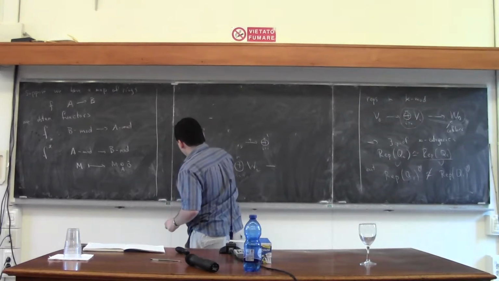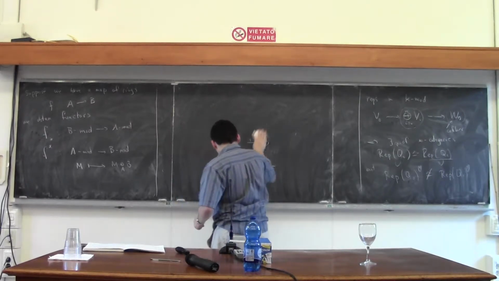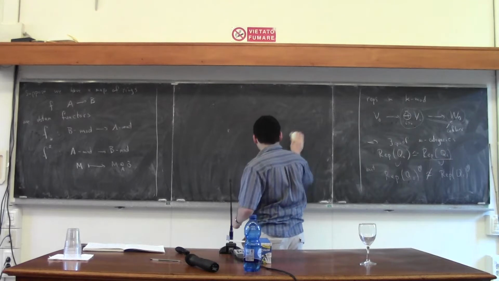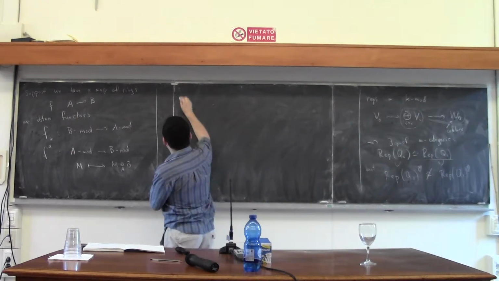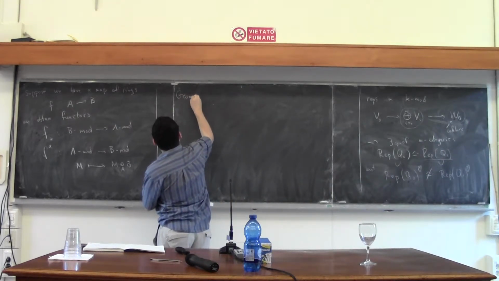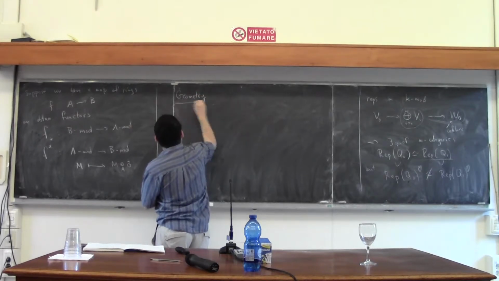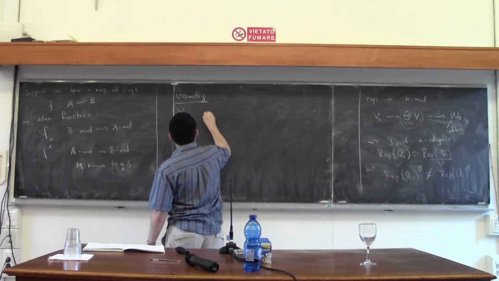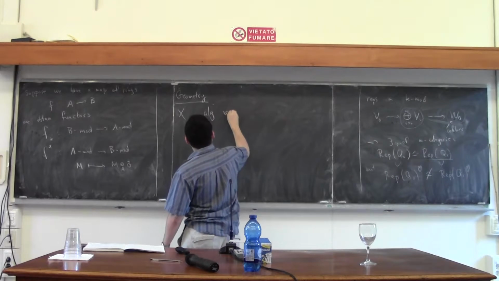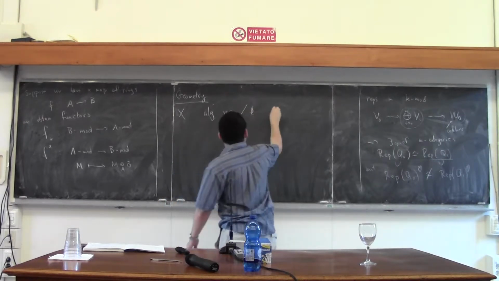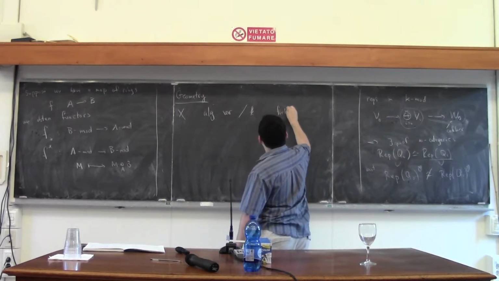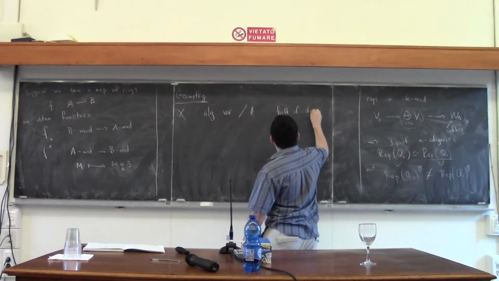All right, so let's get back to geometry now, having said all of this. So suppose X is an algebraic variety over a field of characteristic 0, and algebraically closed.